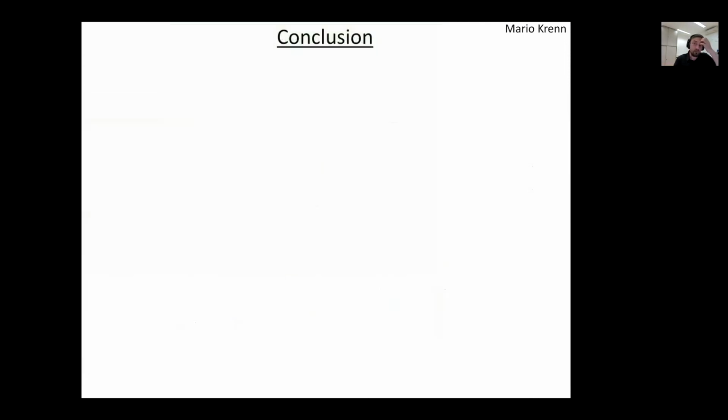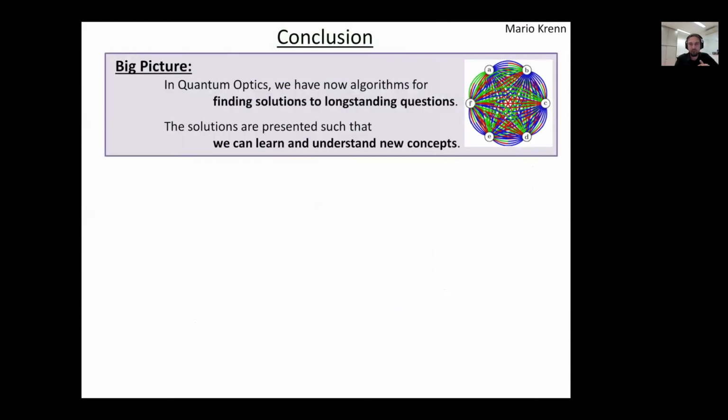Okay, let me now come to the end of my talk and to a conclusion. At the big picture, we now have in quantum optics an algorithm that is powerful enough to be able to solve open and potentially long-standing questions. And we can not only solve these questions, but we can actually understand the solutions basically immediately because of this very interpretable, understandable representation.